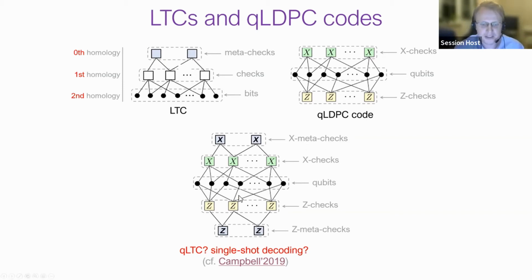And the existence of these codes is still open, and if they exist, then this also has some interesting consequences, like the famous NLTS conjecture by Hastings and Freedman. And my hope is that these general constructions, these general ideas can also be used to tackle this conjecture.